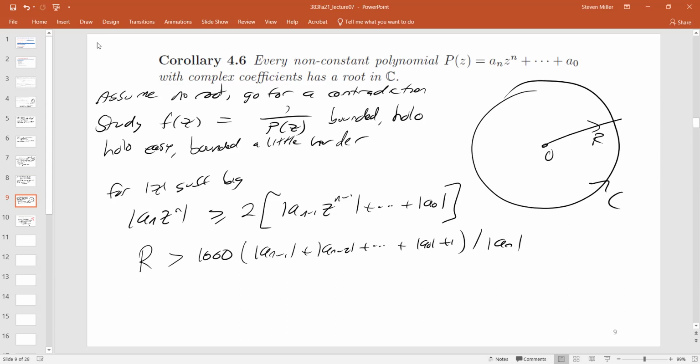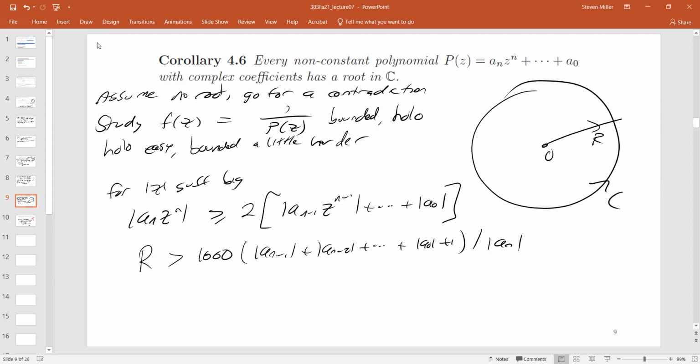I think something like that should work. But if you take r sufficiently large, this is going to be much larger than everything else. That's just a nice exercise to show. Essentially, the function is going to infinity. The z to the n term is eventually going to dominate. It's going to dominate by a significant amount.